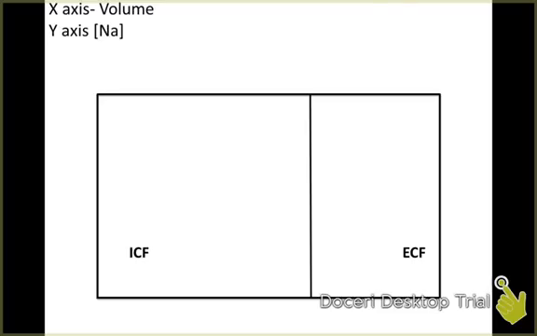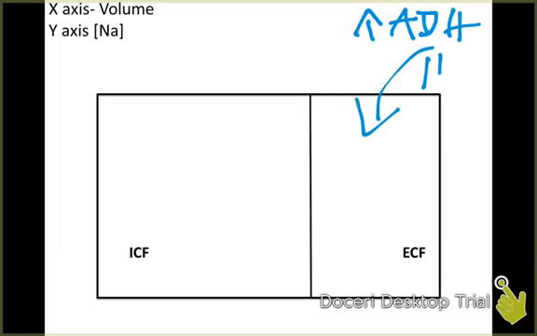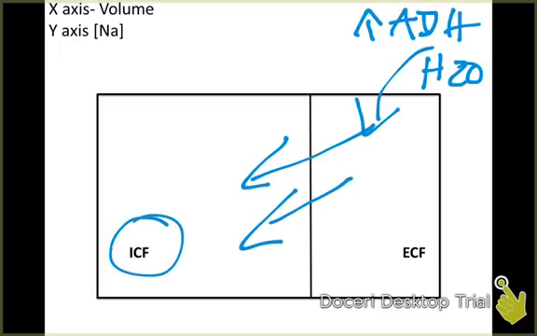But in contrast, in patients who have increased ADH, meaning holding on to more free water, most of that free water is going here and not into your interstitial fluid or intravascular space.